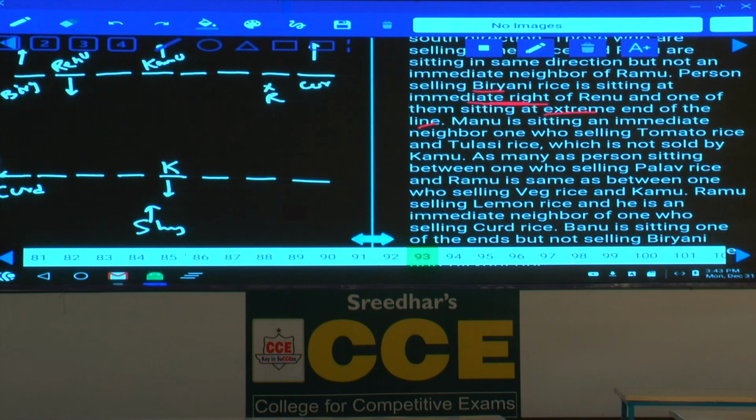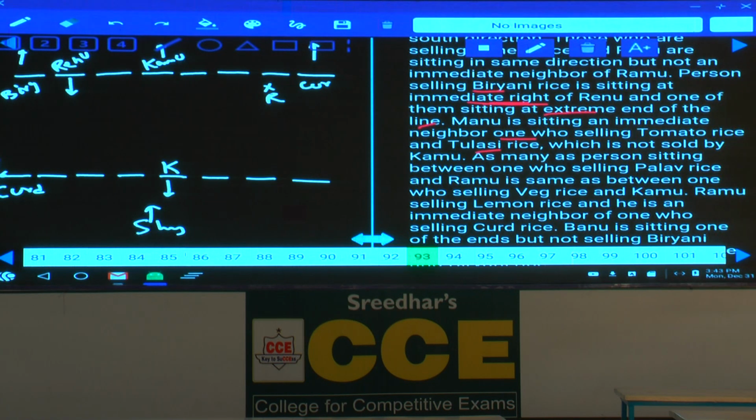Then Manu is seated at the immediate neighbor of the one who is selling tomato rice and tulsi rice. Now Manu is immediate neighbor of whom? Earlier we discussed that the immediate neighbors of all the persons are facing in the opposite direction, and those who are selling paneer rice and Renu are sitting in the same direction, but not the immediate neighbor of Ramu.